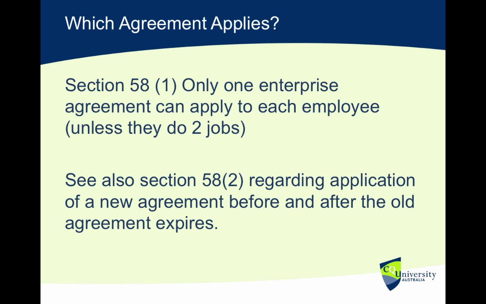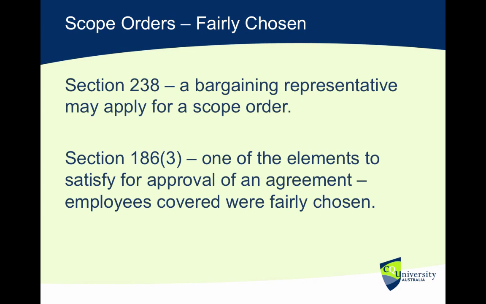But only one enterprise agreement can apply to each employee unless they do two jobs. So have a look also at Section 58(2) in the Act regarding the application of a new agreement before and after the old agreement expires. So essentially what happens is the old agreement will continue to apply until it naturally expires, or unless the new agreement deals with it in some way. So look at 58(2).